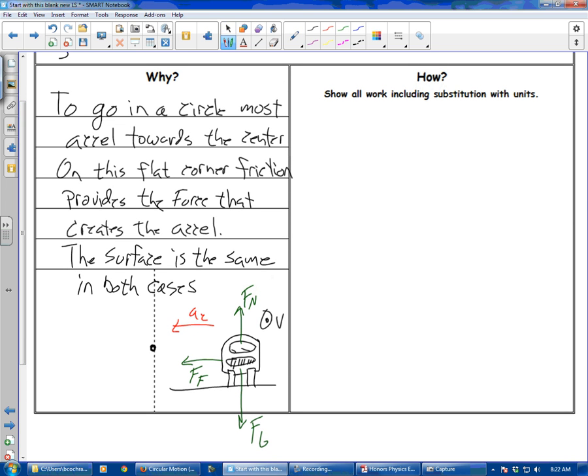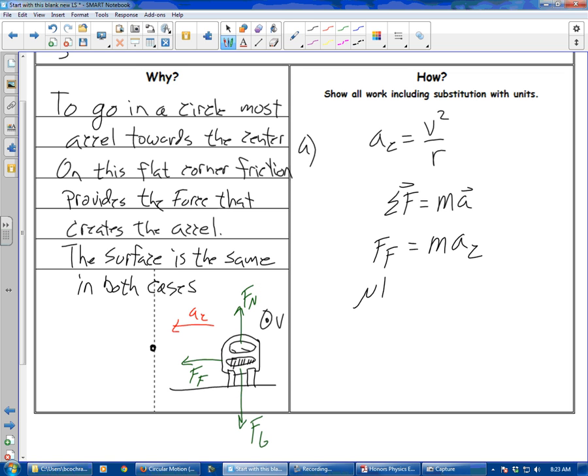I'm going to use that centripetal acceleration is v squared over r. And the fact that, well, yeah, I'm going to use forces to solve it. So forces equals ma. This is part A, by the way. And I have my frictional force equals my inertia times my centripetal acceleration. Both those are in the same direction.